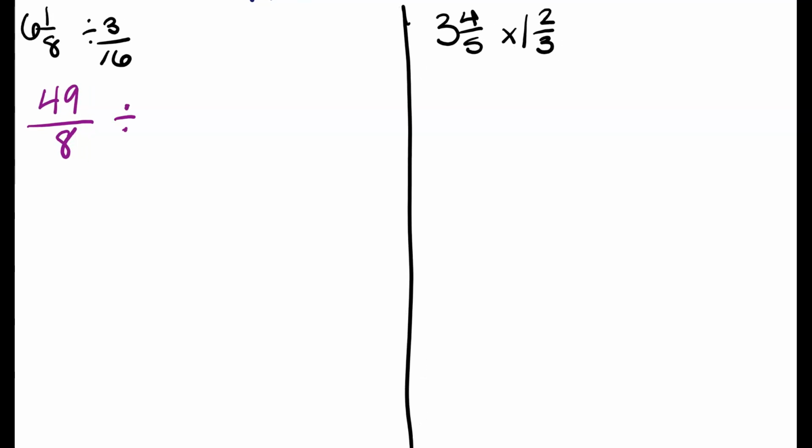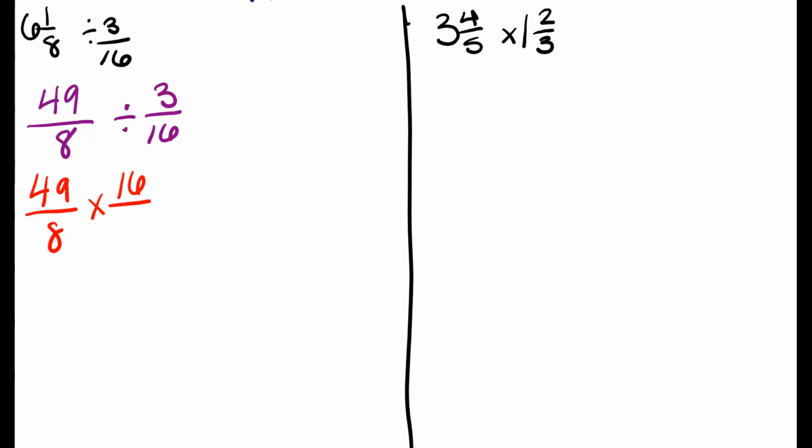And we divide by 3/16. Now I can apply keep, change, flip. I keep 49 over 8. I change my division to be multiplication, and I flip, or find the reciprocal of 3/16, which is 16 over 3.